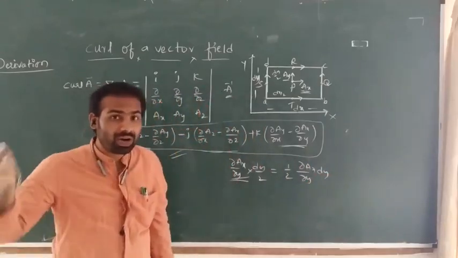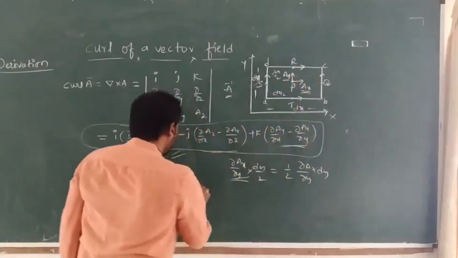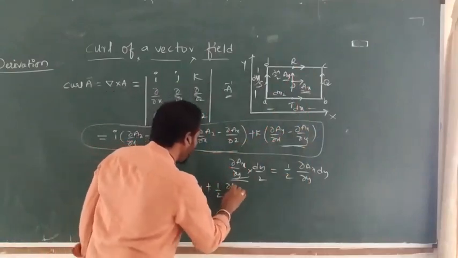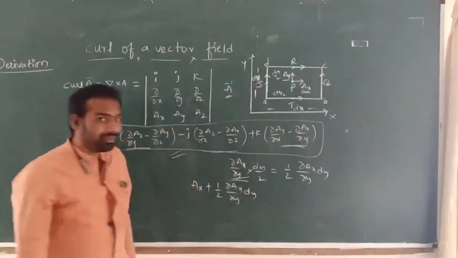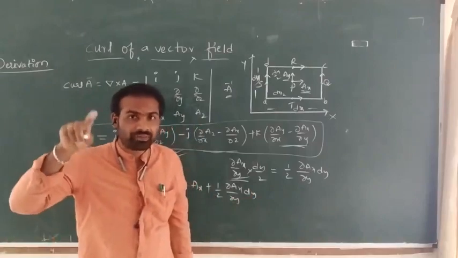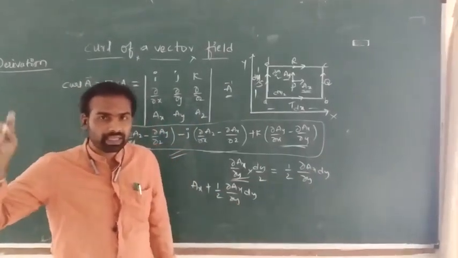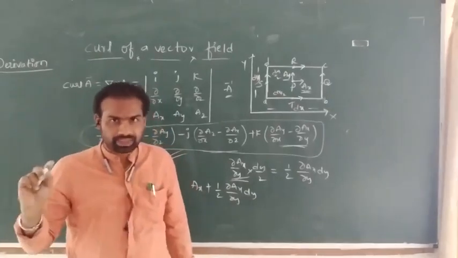Now the value of Ax at R becomes Ax plus dou Ax by dou y into dy by 2. We are taking the change of Ax along the y direction, not the x direction. In the previous case, the divergence of a vector field, we took it along the x axis only.